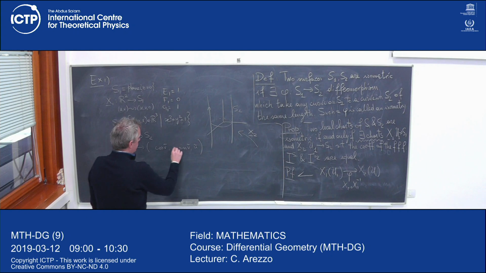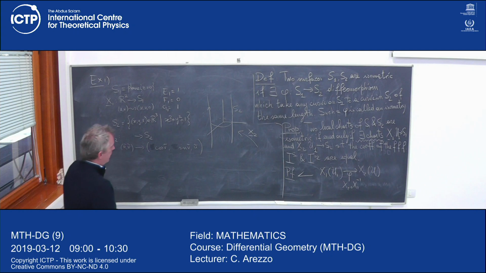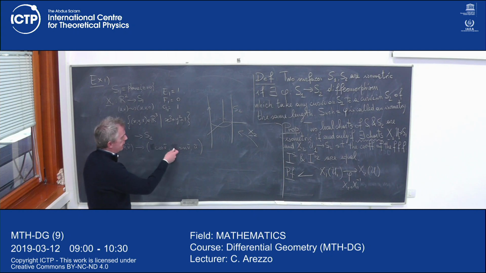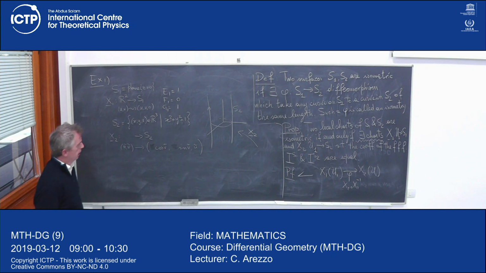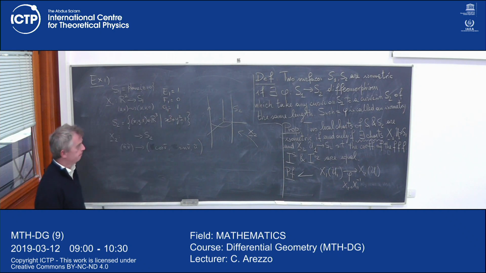Oh, no, I don't put anything here. Okay, that's even more simple. I would put the radius here if there is a radius, but this is 1. So you see, of course, the image lies here because x squared plus y squared is equal to 1.